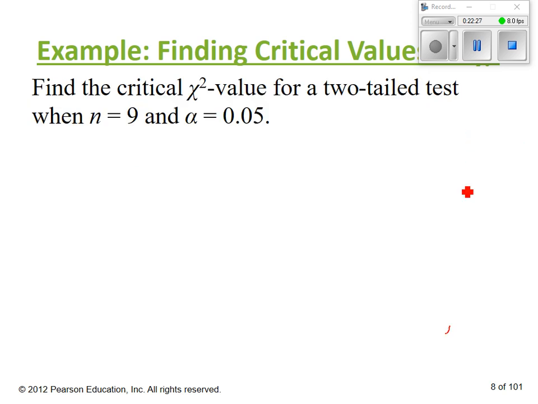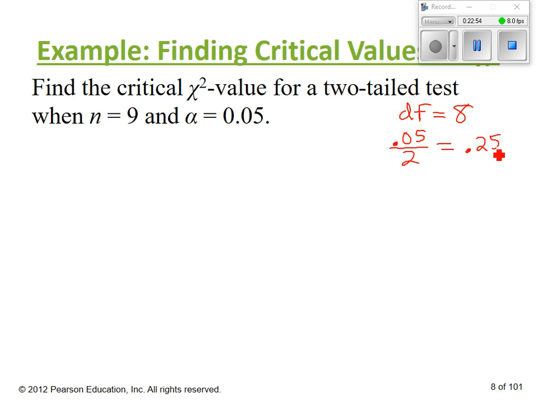For a chi-squared value for a two-tailed test, what's our DF on this one? 8. And we got 0.05. The first thing you got to do with 0.05 is you got to take half of it. So somebody help me out. What's half of 0.05? 0.025.